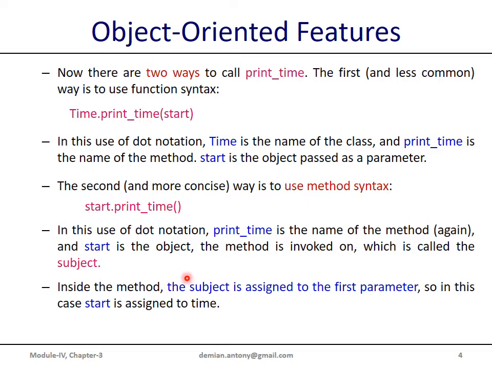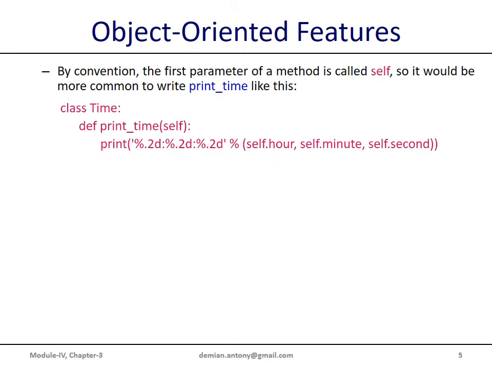And remember, inside the function print time we found one parameter, and here since this subject is the object on which the method is being invoked, this subject becomes the first parameter. You have to always remember the subject. If you have a method involving a number of objects and other parameters, the subject will be the first parameter in the method definition.